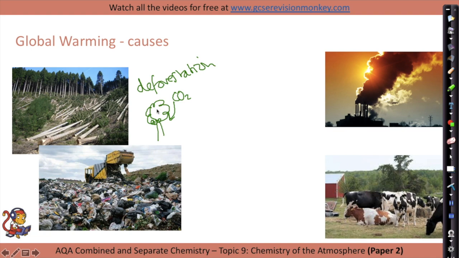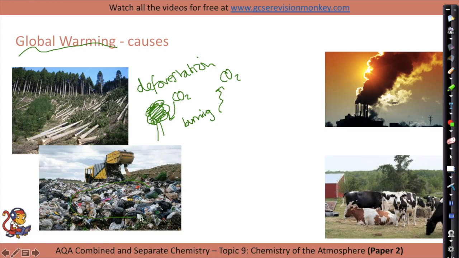However, if it's cut and then burned, it will then release CO2 back into the atmosphere. So this is having a massive effect on increasing CO2 levels because we are burning the wood, and that's releasing the CO2 back into the atmosphere, increasing those levels and increasing the effect of global warming.